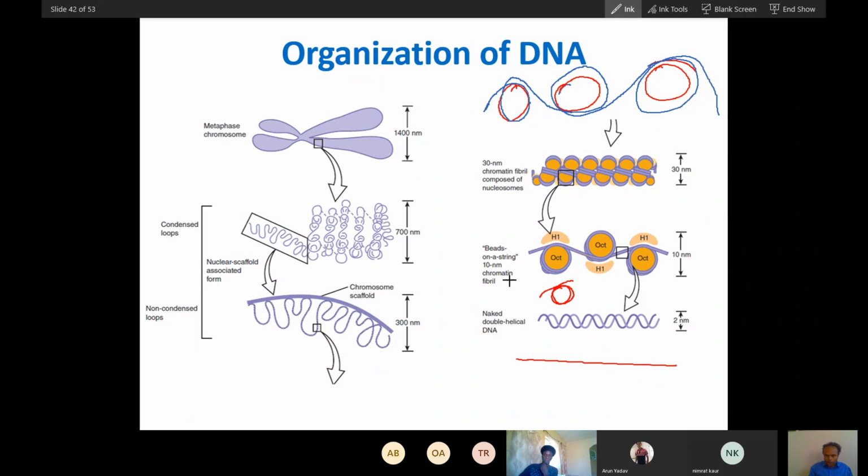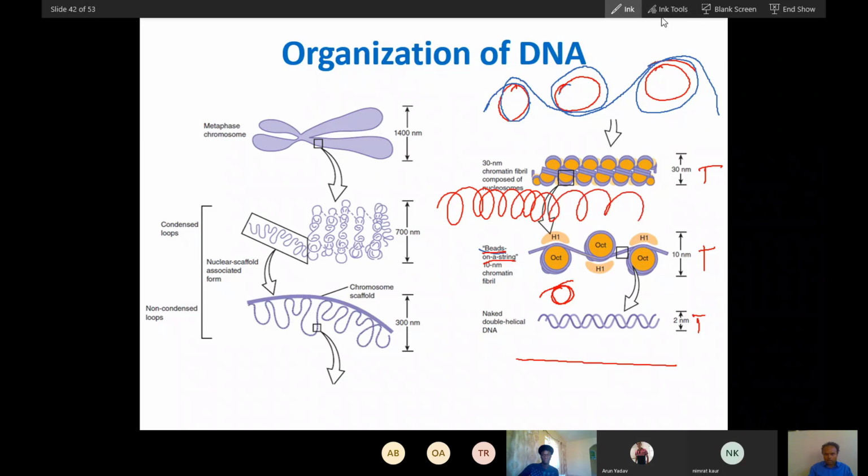This is called the beads on string structure. So a string is folded on beads. You can see 2 is converted into 10, then 2, 10, 30. So this beaded structure again will fold in a helical sense.